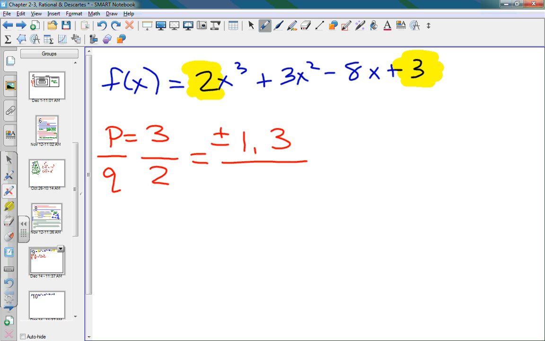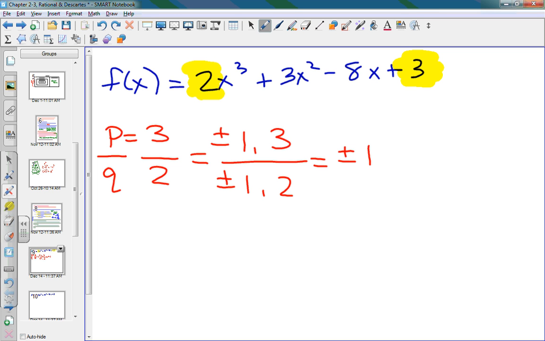Now, what are all the factors of 2? Plus or minus 1 and plus or minus 2. Now, do you notice how I put a plus or minus out in front? Once you have the plus or minus on the front, you don't have to write it down for every single one of those. I understand that you mean that that's the entire list there. Does that make sense? Now, what we're going to do is make a complete list of these. So what is plus or minus 1 divided by plus or minus 1? 1.